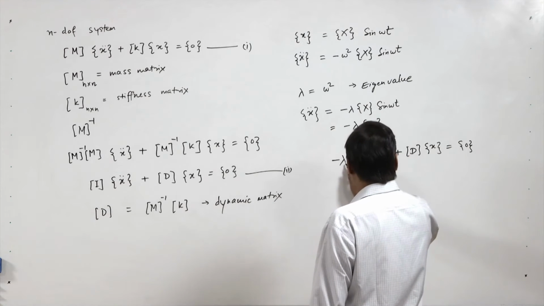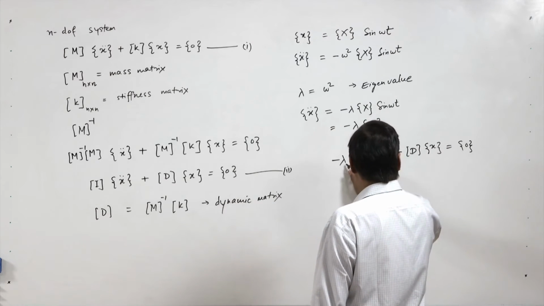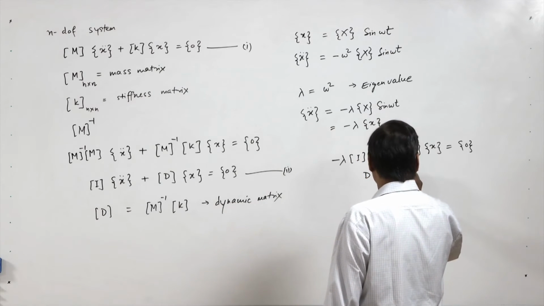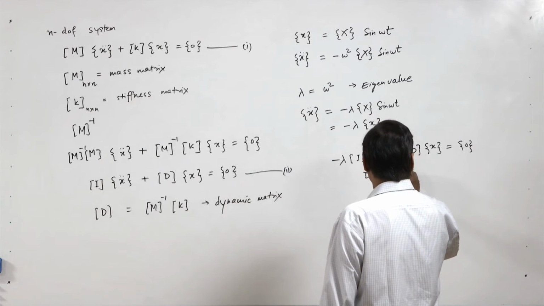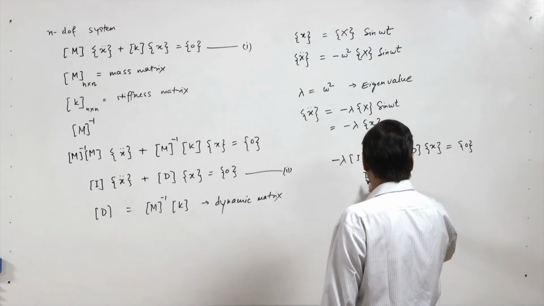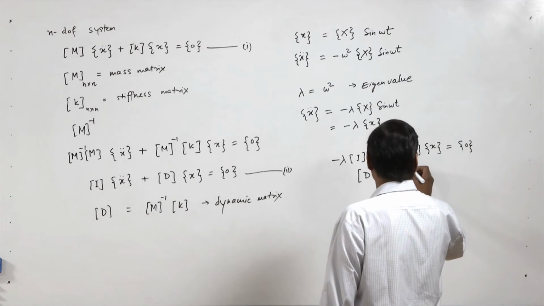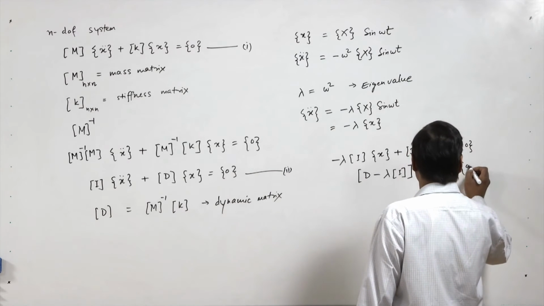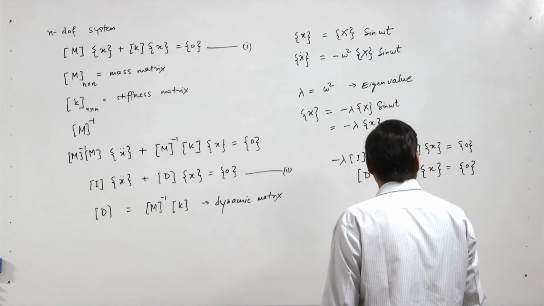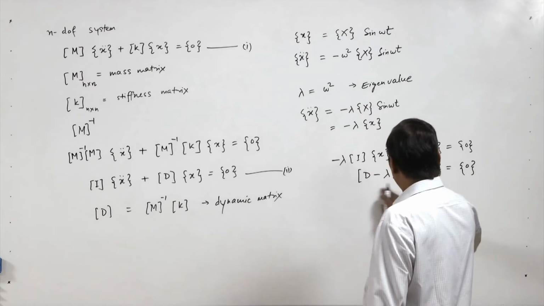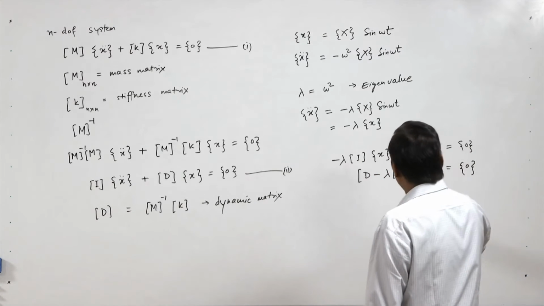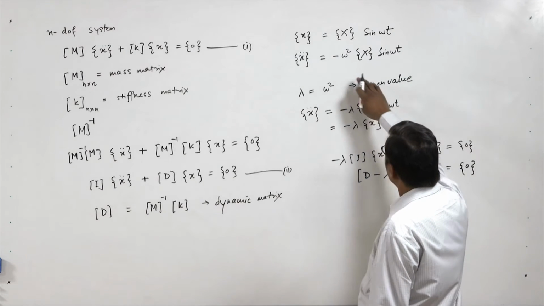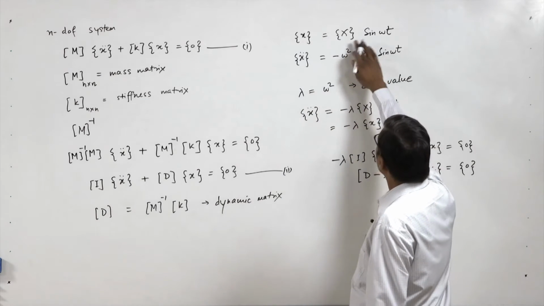So we can write D minus lambda I into x equal to 0, with x equal to X sine omega t.